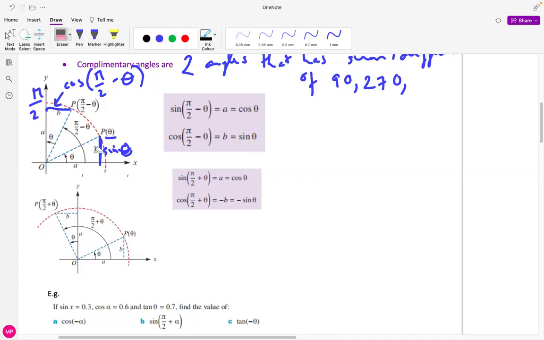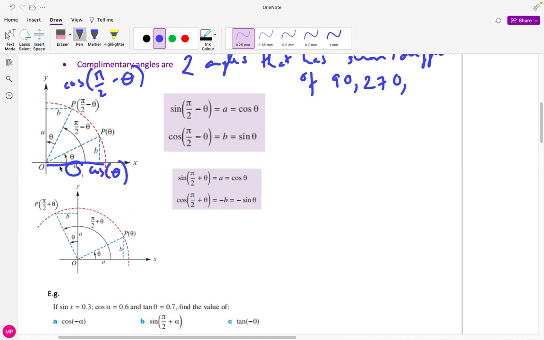So why does that happen? If I do it again, but this time I do the opposite. So I have the angle here, right? So this horizontal is letter A. This represents cos of the angle, cos of theta.